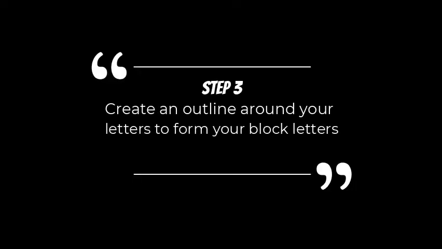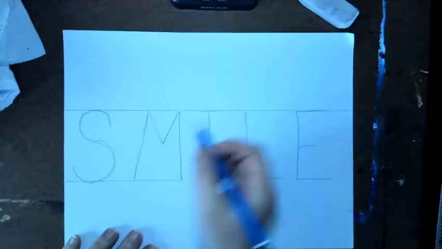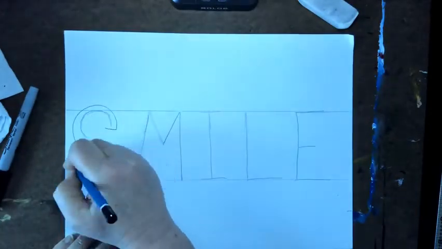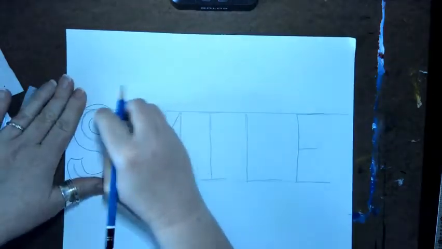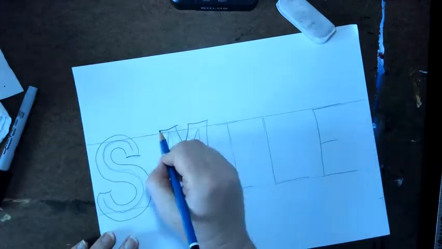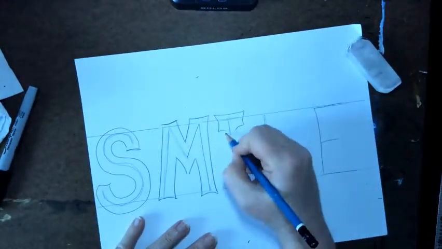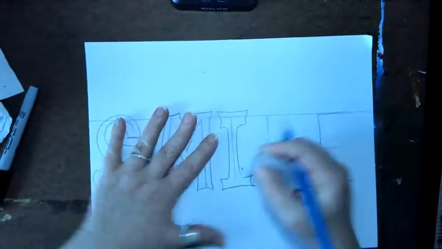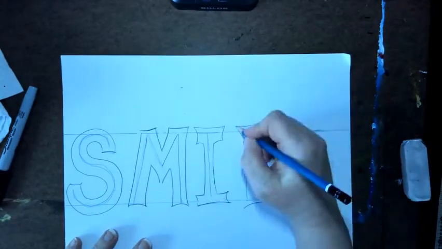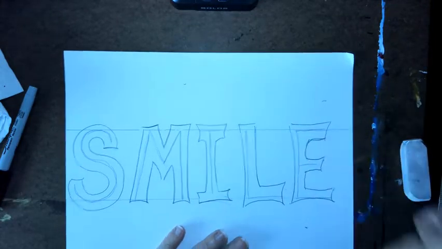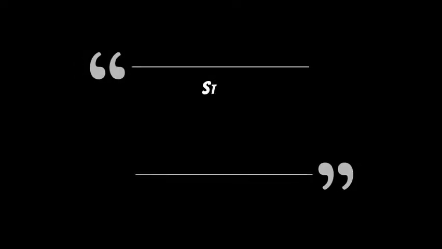Step 3, create an outline around your letters to form your block letter. Step 4, if you have a Sharpie or a marker, trace your outlines.